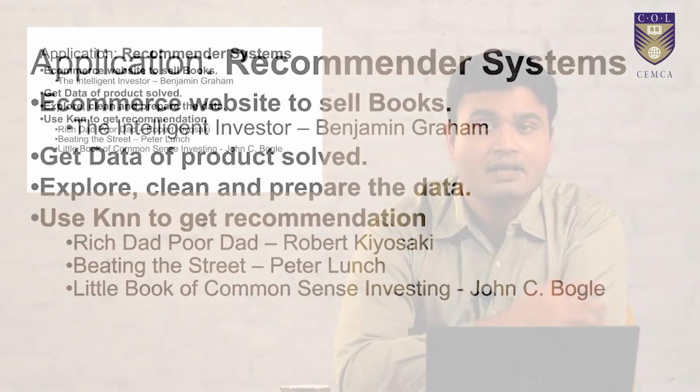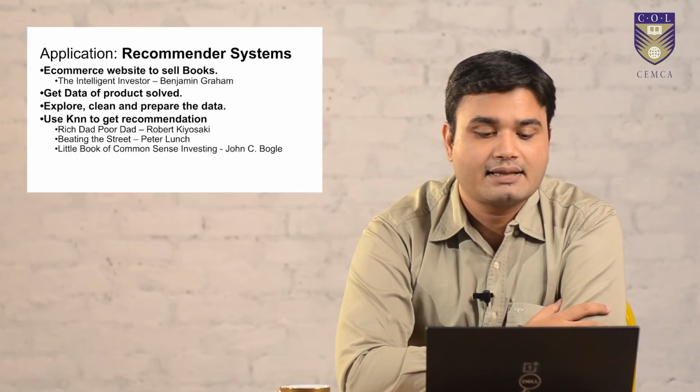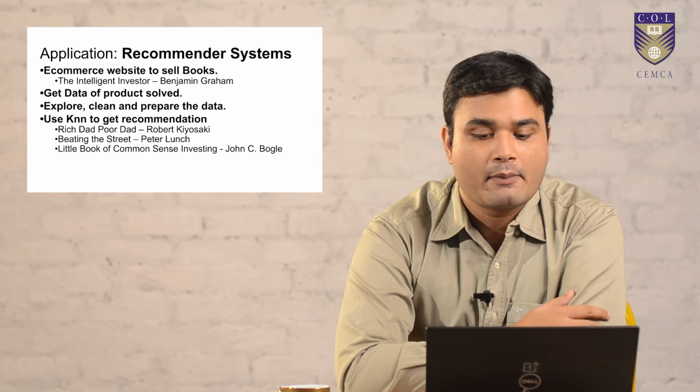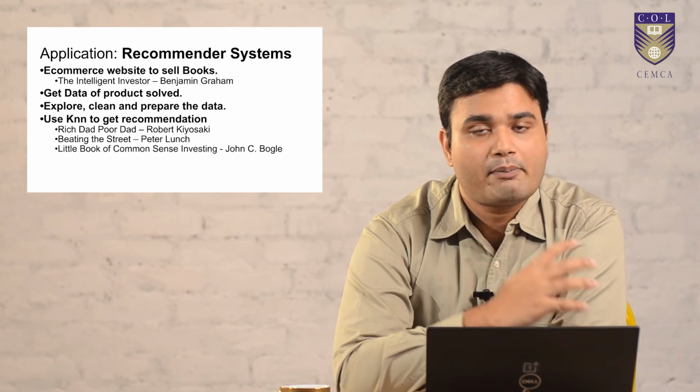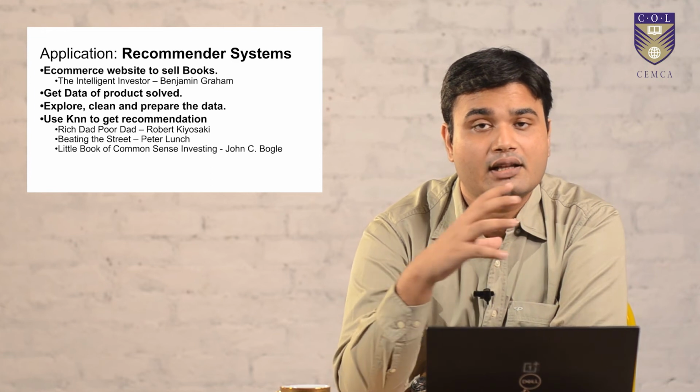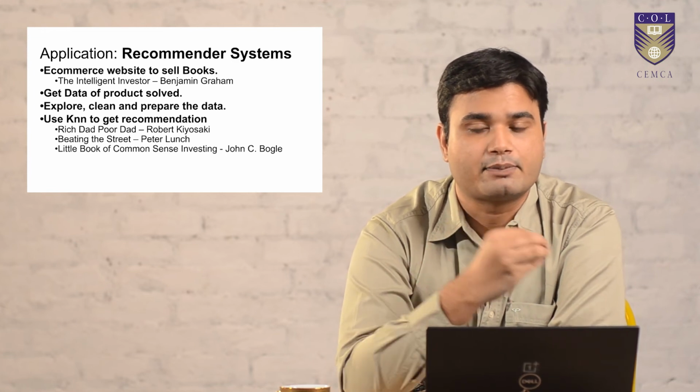those books. Suppose a customer comes and buys the book The Intelligent Investor by Benjamin Graham. With that done, we look into our past data and see what other books are in close proximity to this book.